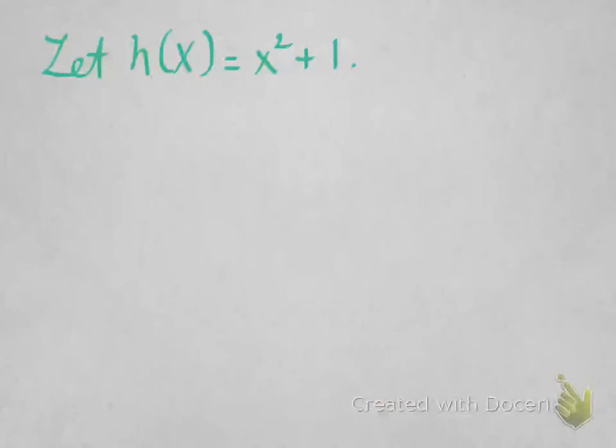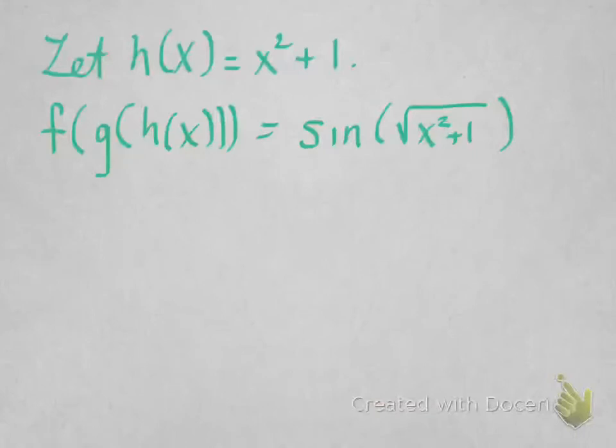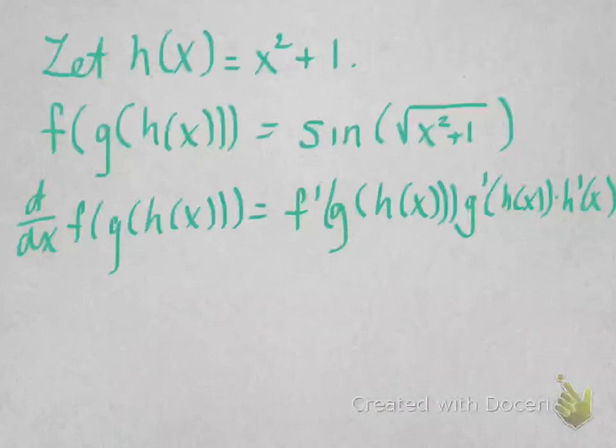Just to make things a little bit more complicated, let's add a third function to the mix. Let h of x be x squared plus 1. Now f of g of h of x is sine of the square root of x squared plus 1. I want you to see if you can use the chain rule for 3 functions to take the derivative of this.